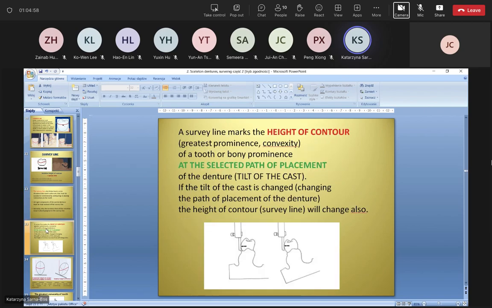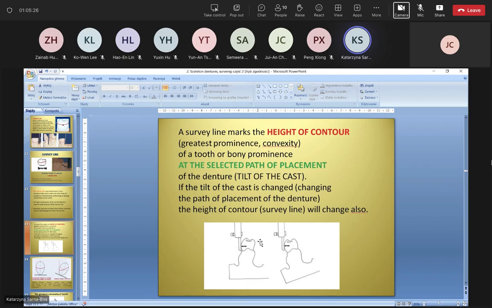A survey line marks the height of contour, the greatest prominence or convexity of a tooth or bony prominence, at the selected path of placement, so the tilt of the cast. If the tilt of the cast changes the path of placement of the denture, the height of contour survey line will change also. It is a very important thing to remember.